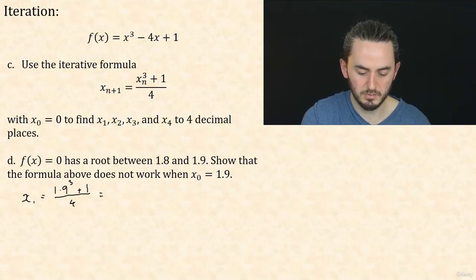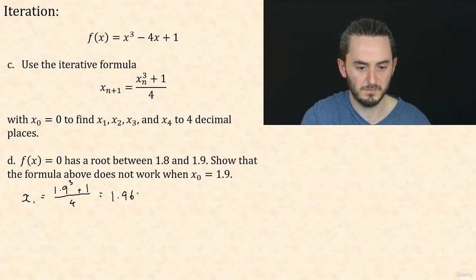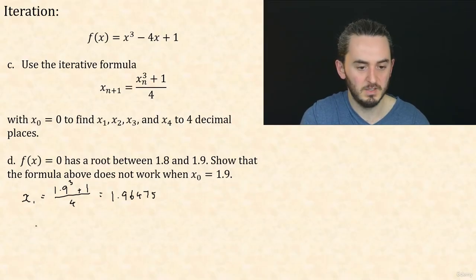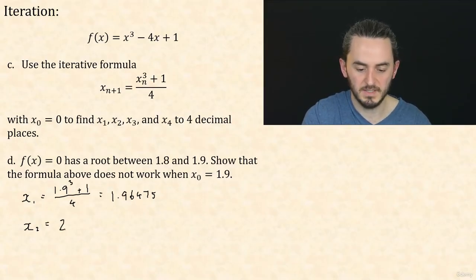It's 1.96475. I can already see something dodgy happening because we're now further away. I know the root is somewhere between 1.8 and 1.9, and we're further away. Let's just check that that continues to be the case. So I'll take my answer cubed plus 1 over 4, and it's even further away.